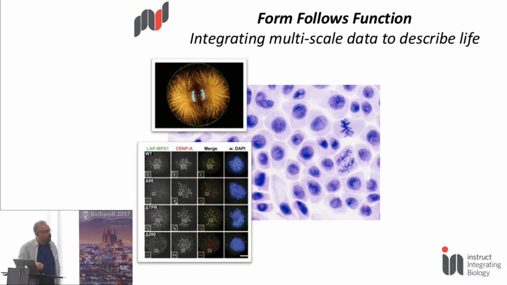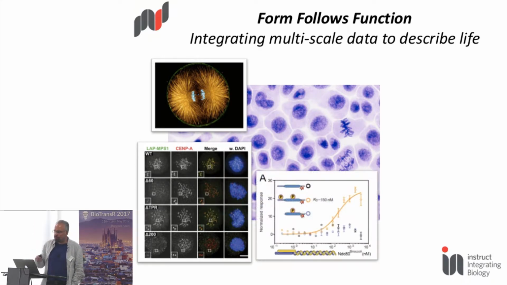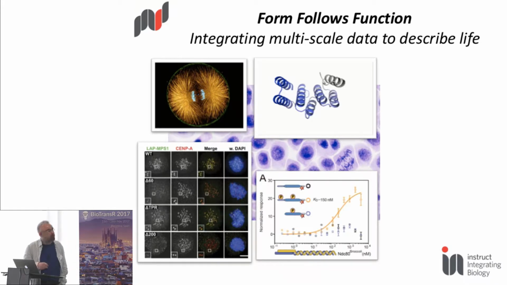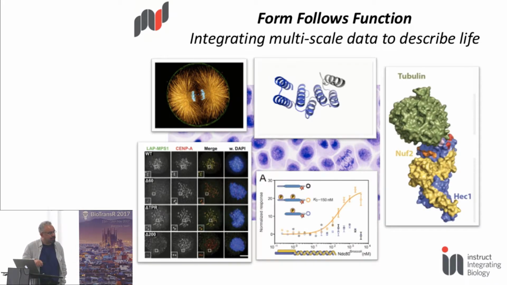We would like to isolate macromolecules and look at the dynamics of their interaction to start understanding structure at the molecular level. We'd like to look at structures of individual molecules, and of course we would like to look at how molecules, in that case 1, 2, 3 molecules, interact.